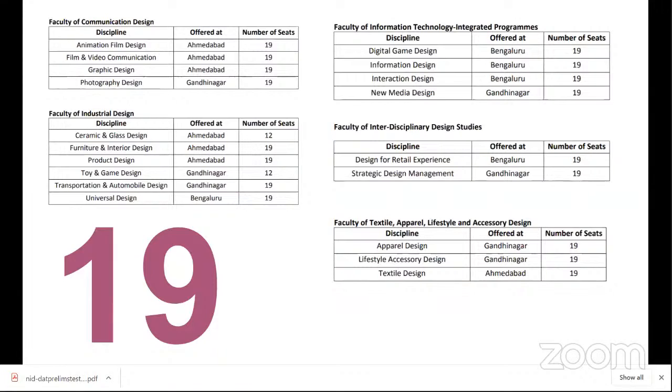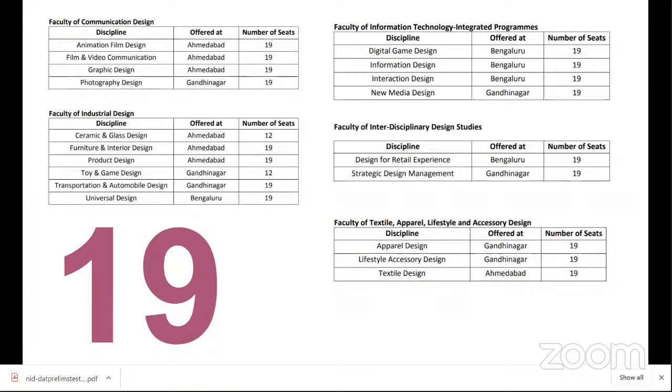In total, there are 19 disciplines, and you were asked to choose not more than 2 disciplines. Some of you might have chosen, let us say, information design and product design, or toy and game design and strategic design management, a combination of any of these 19 possible disciplines.